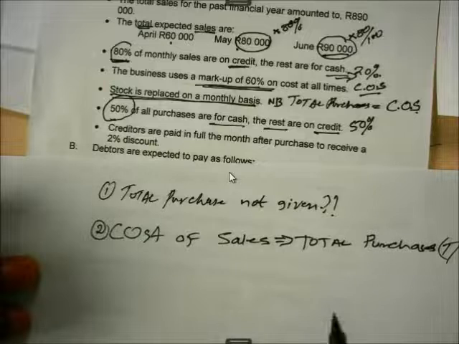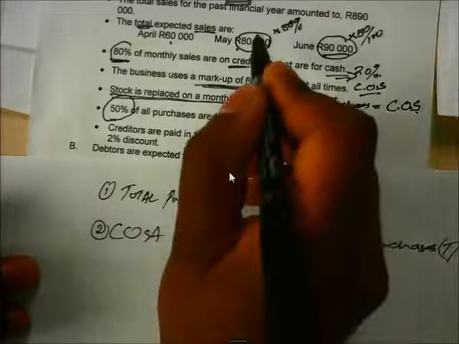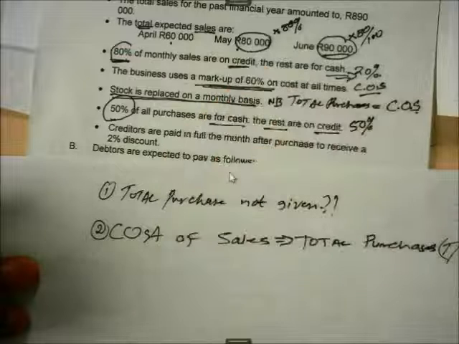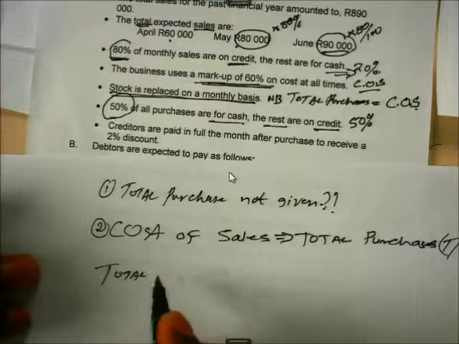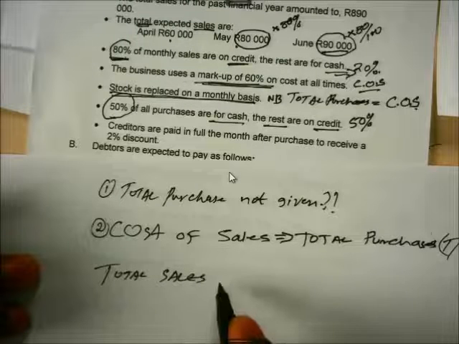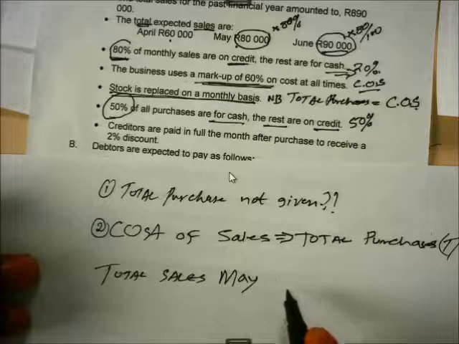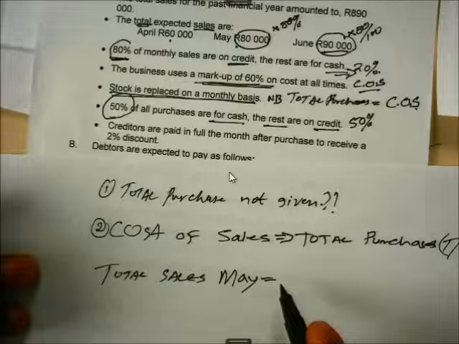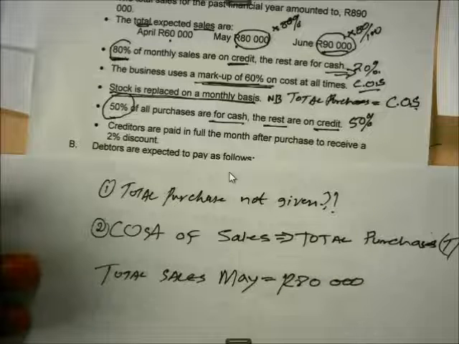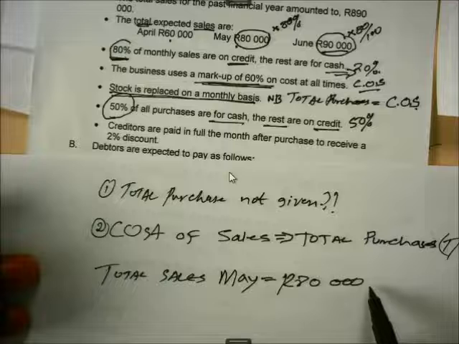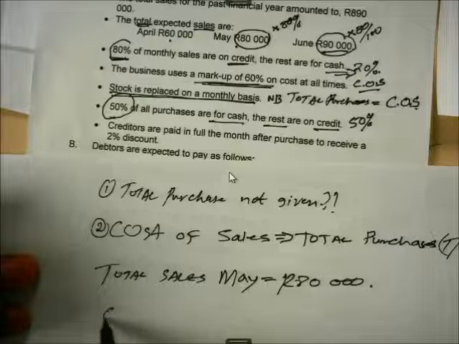Right. And then we have been told here, remember we want to calculate cash purchases for May. We have been told that total sales for May is 80,000 rands. Now, we must use these sales to calculate cost of sales.